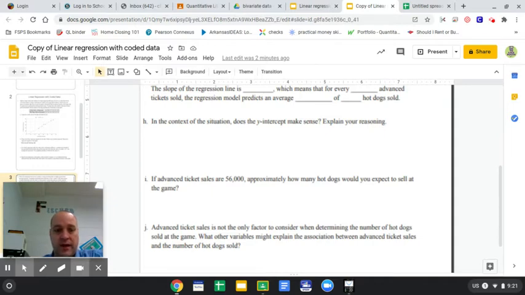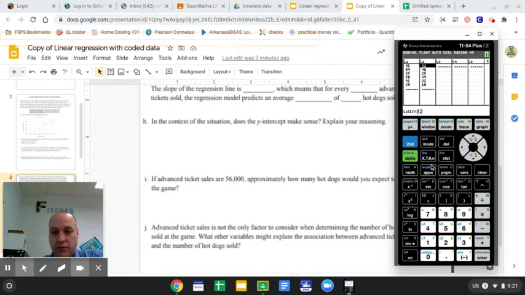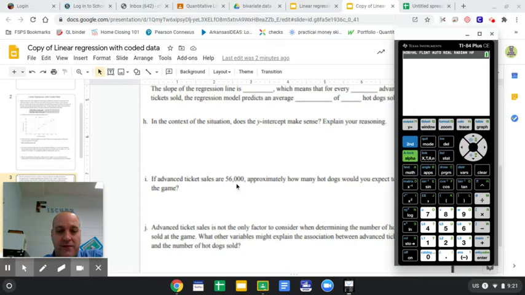Okay? So if the advanced ticket sales are 56,000, approximately how many hot dogs would you expect to sell in the game? So I would take my calculator. I'll just go second mode, get you back to the home screen. And I'm putting in 56,000 tickets.